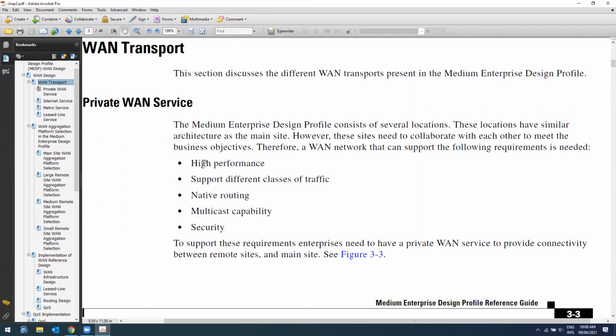Say in banking, you would need a very strong security, so that people are not able to hack and transfer money from here to there, or do some scams or something. Okay, to support these requirements, enterprises need to have a private WAN service to provide connectivity between remote sites and the main site, right?